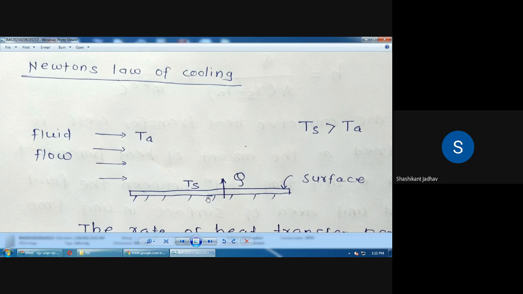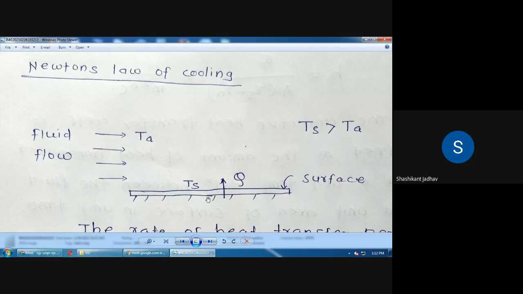The molecules coming near the surface gain energy, and because of that their density is reduced. Then those molecules move forward, and again some molecules come to the surface and gain energy, changing their location from one point to another. In this way heat transfer takes place. That is nothing but convection.